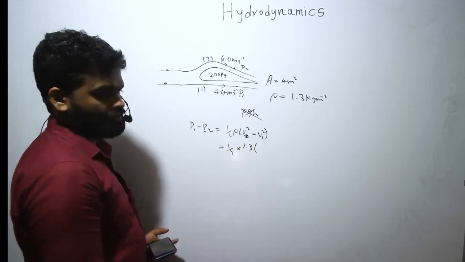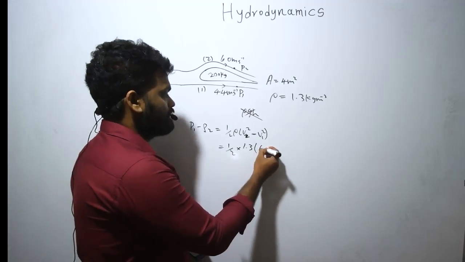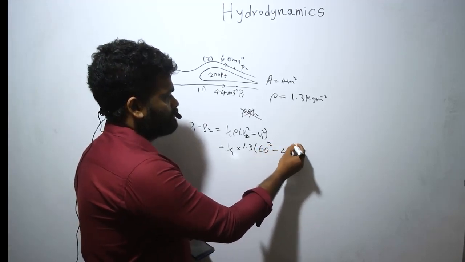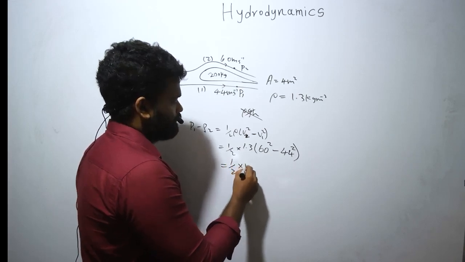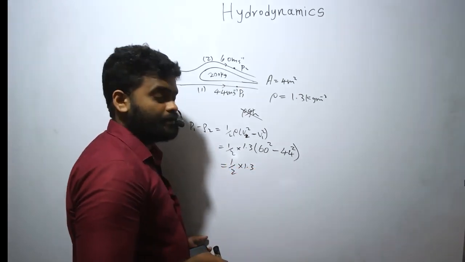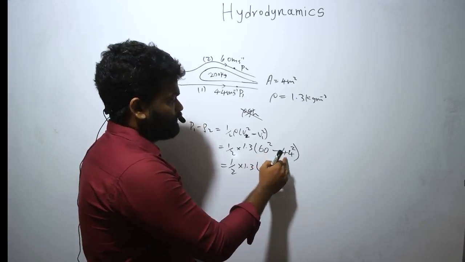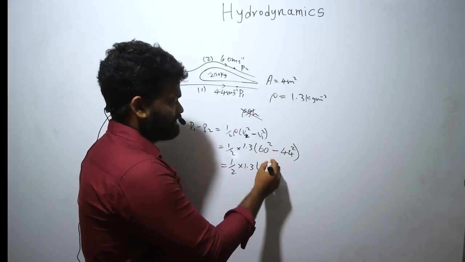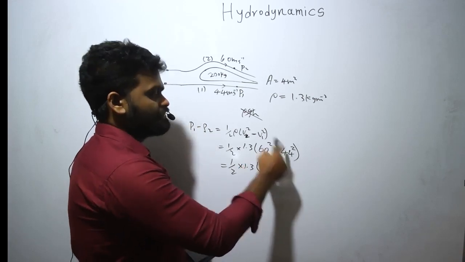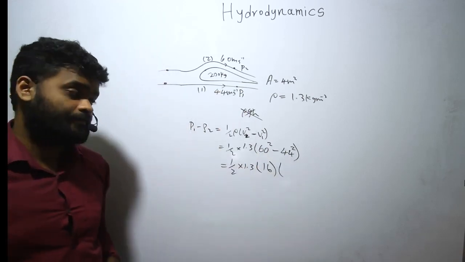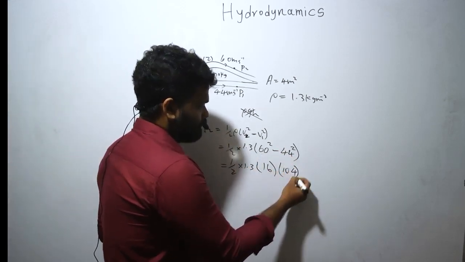Okay, so half rho is what? 1.3. V2 is 60 squared minus 44 squared. So half times 1.3. 60 minus 44, that is 16, right? 60 plus 44, that is 104.